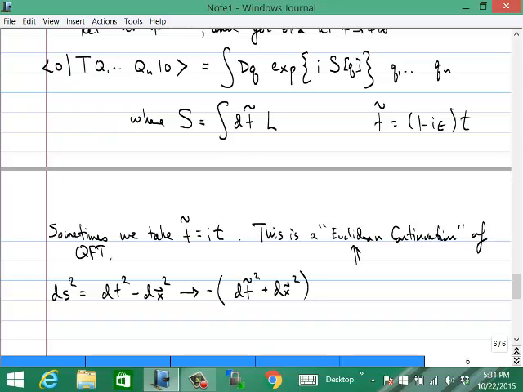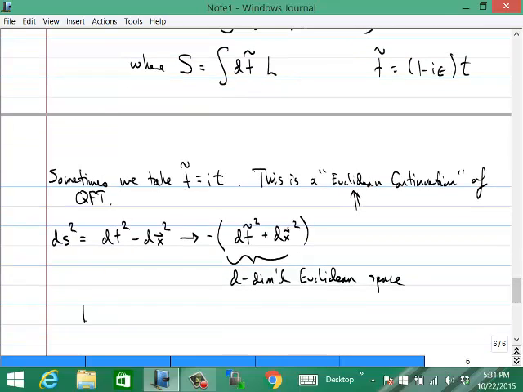And dt tilde squared plus dx squared, well, that is the invariant line interval, i.e. the distance, in some d-dimensional Euclidean space. In other words, the invariant interval between 2 points, which was t squared minus x squared, becomes the usual square of the Euclidean distance as taught to us by Pythagoras, which is t squared plus x squared.